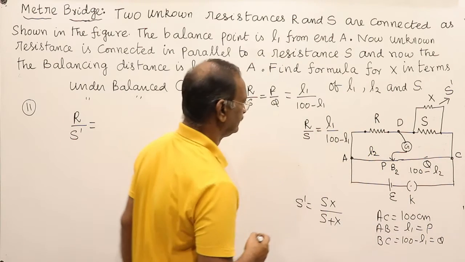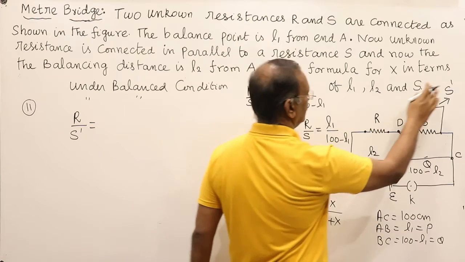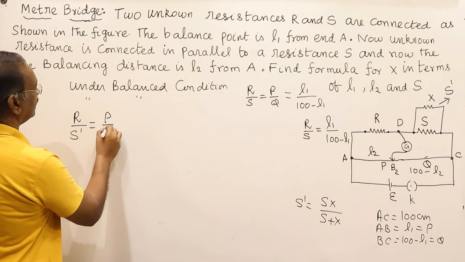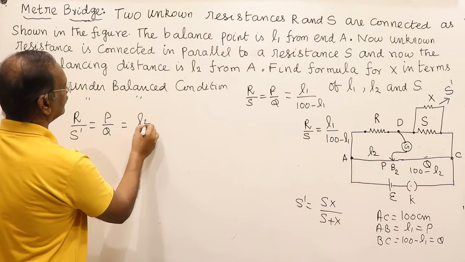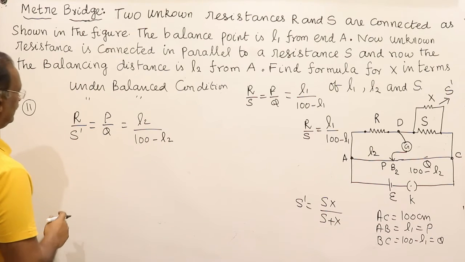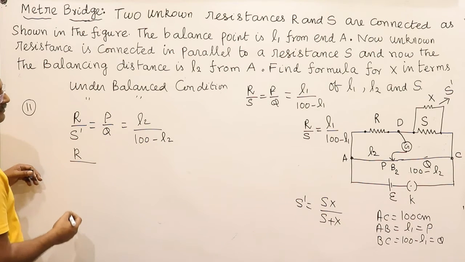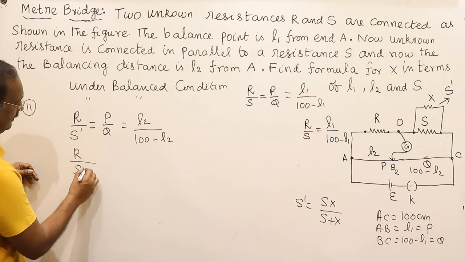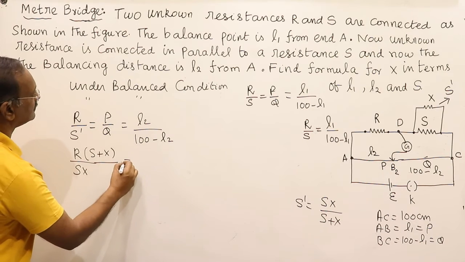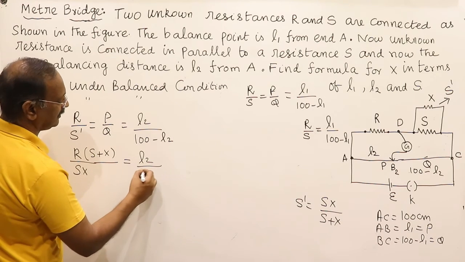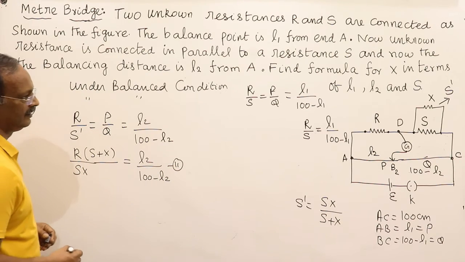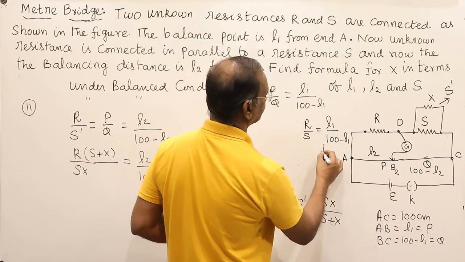So R divided by S dash is equal to P divided by Q, which is equal to L2 by 100 minus L2. This is the second condition, where S dash is equal to Sx divided by S plus X, so R into S plus X divided by Sx is equal to L2 by 100 minus L2. This is the second equation, and we keep the earlier one as the first equation.